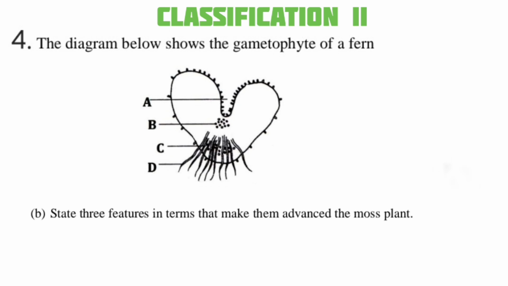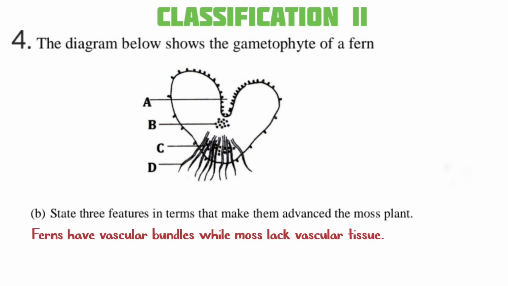So, number one, the presence of vascular tissues. Ferns have xylem and phloem. So xylem, of course, is for transport of water and phloem for transport of dissolved food substances. Moss lack vascular bundles. So they rely on diffusion and osmosis for absorption and transport of materials.